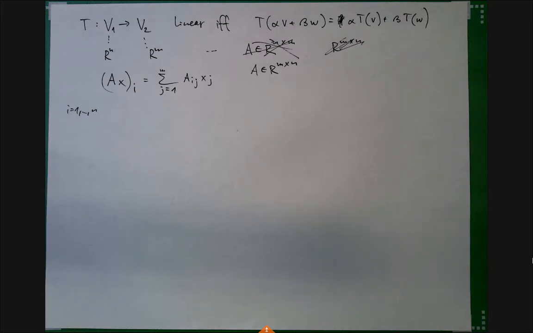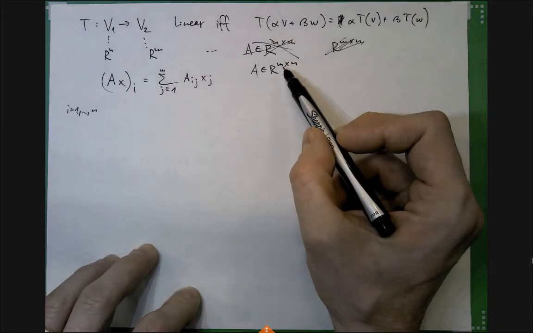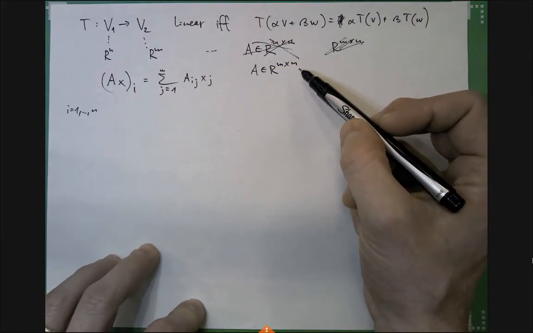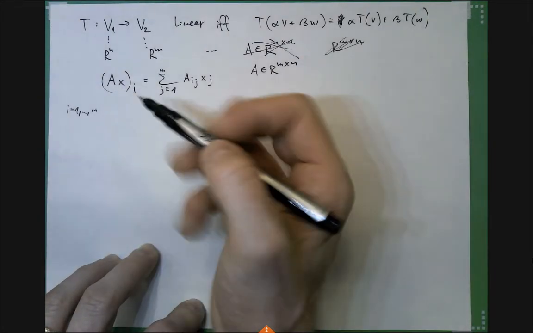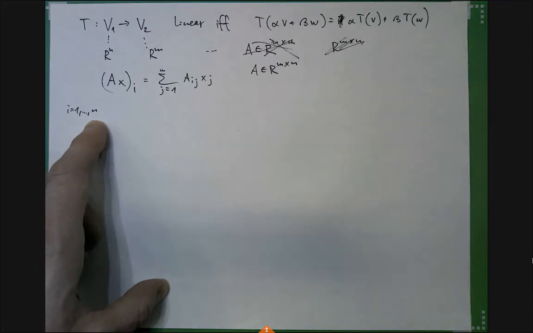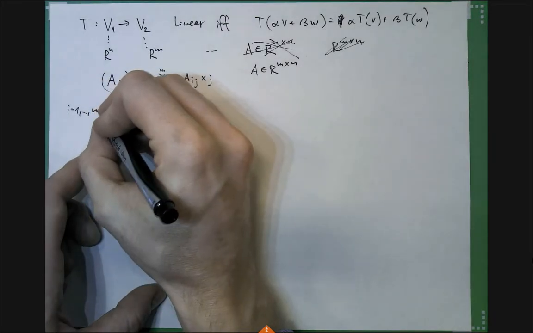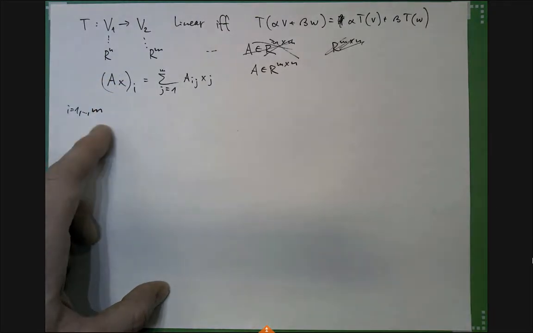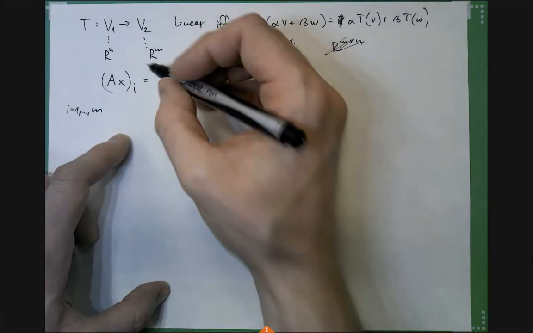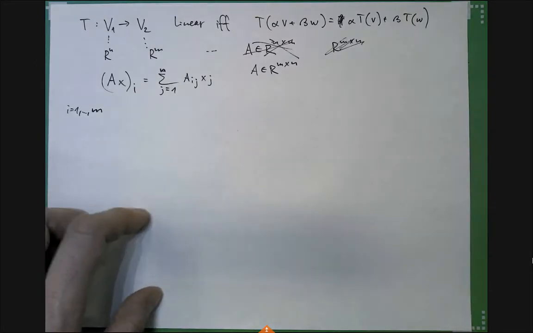Wait a second. m is the number of rows, n is the number of columns, and oh, wait a second, here is the mistake. I always have to be careful. There are always just two possibilities, and I need to be careful which one is right. I think that the i needs to go to m, because Ax is an m-dimensional vector, right? So this should have actually been n.